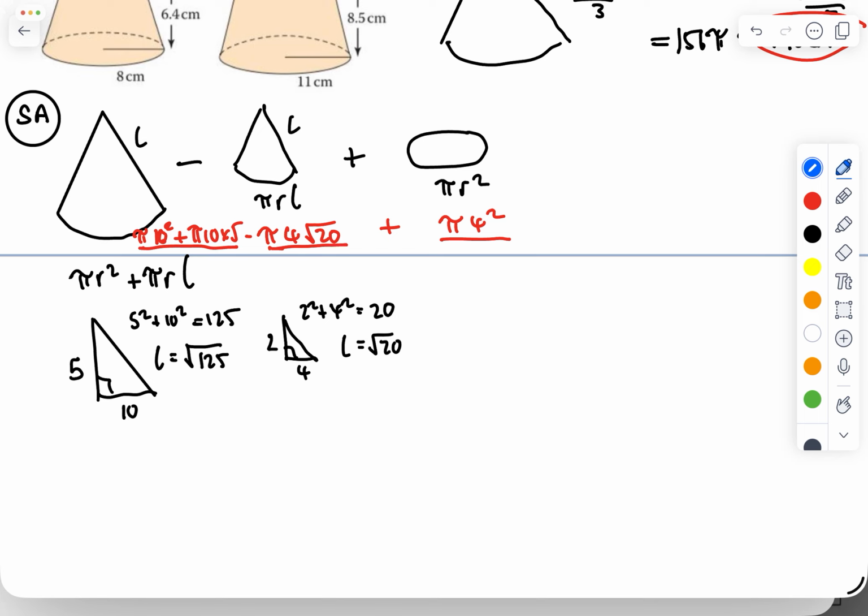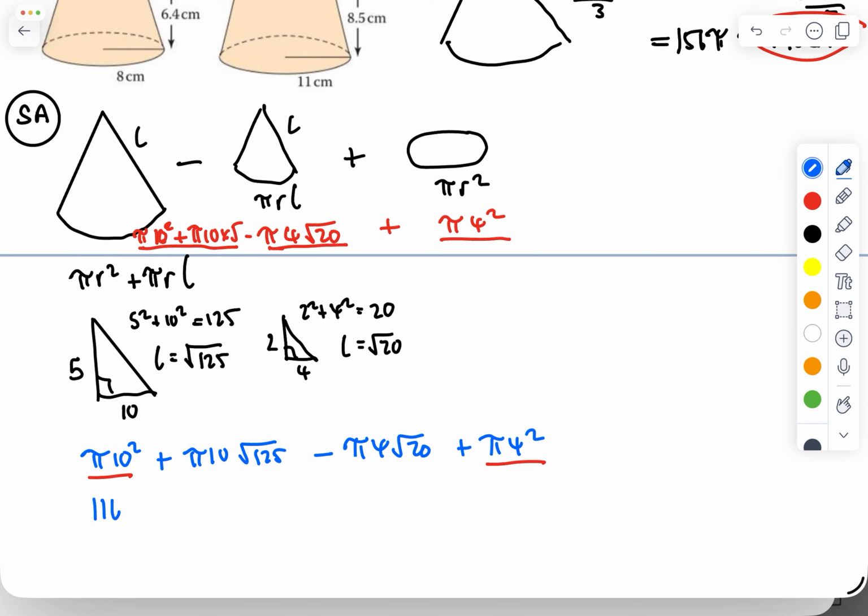So I've got pi times 10 squared plus pi 10 square root of 125. I'm going to subtract pi times 4 times square root of 20. I'm going to add pi times 4 squared. Right, well, I can add these two together because I'm just adding up lots of pi. So 10 squared is 100, 4 squared is 16.